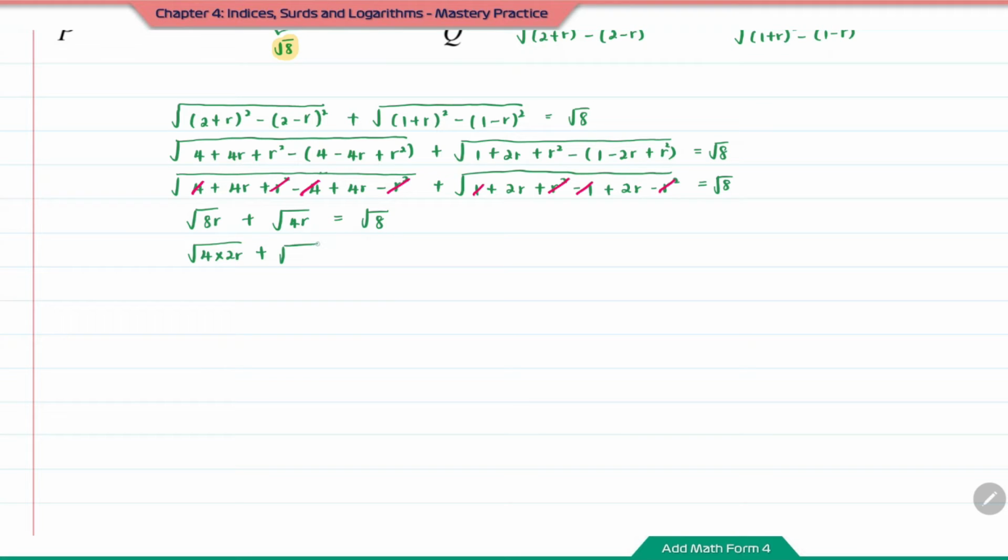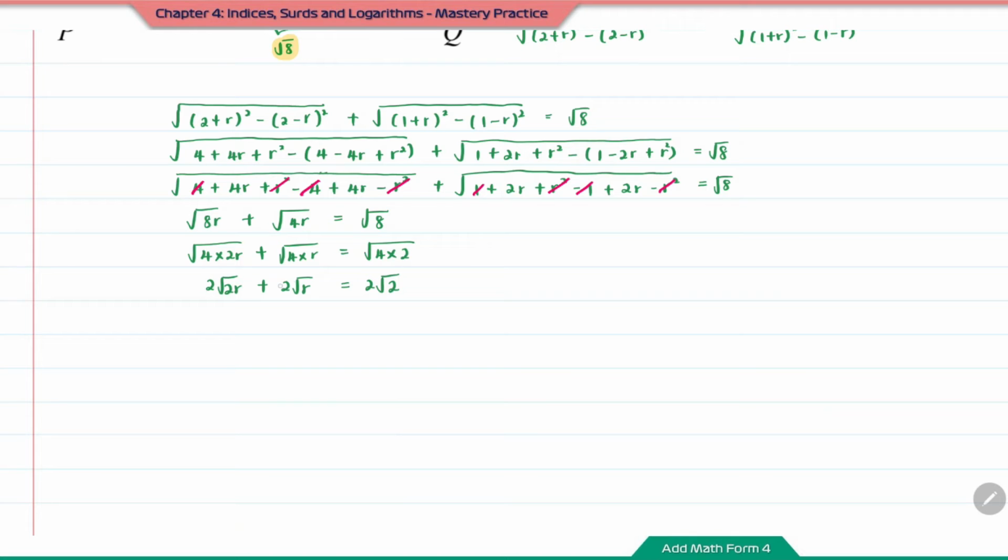And for the square root of 4r, I can write it as 4 times r, equal to, and the number 8, I can write it as 4 times 2. So here we can square root the number 4, which is going to give you the answer of 2. Therefore, here you're going to get 2 square root of 2r plus square root of the number 4, you will get number 2 as well. So 2 square root of r equal to, here square root the number 4, you're going to get 2 square root of 2.